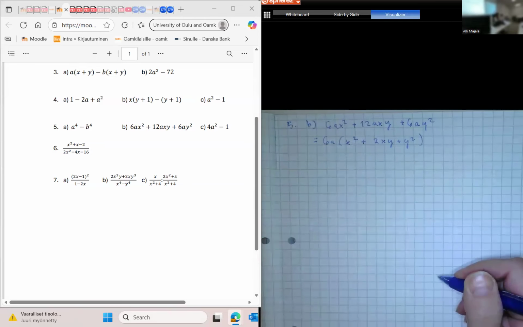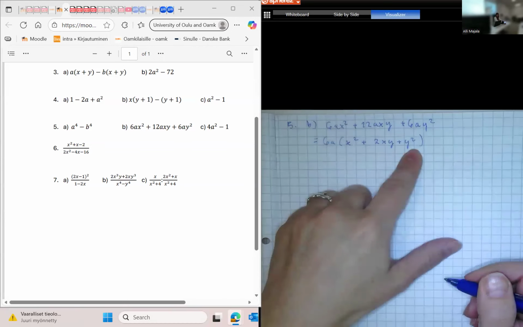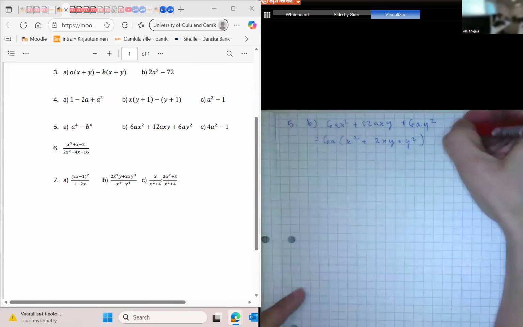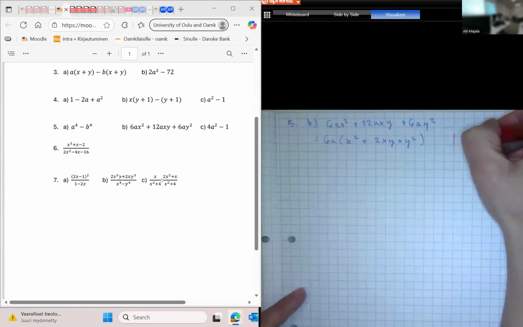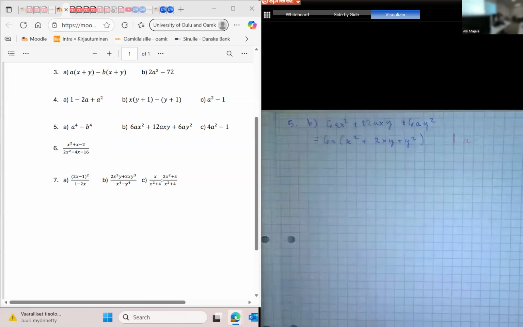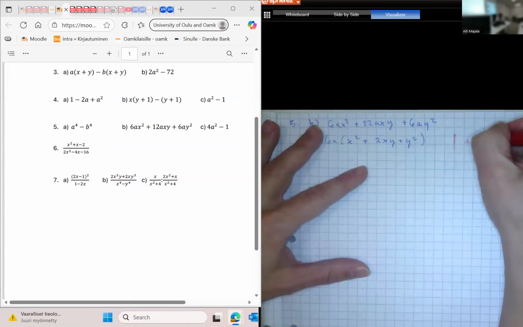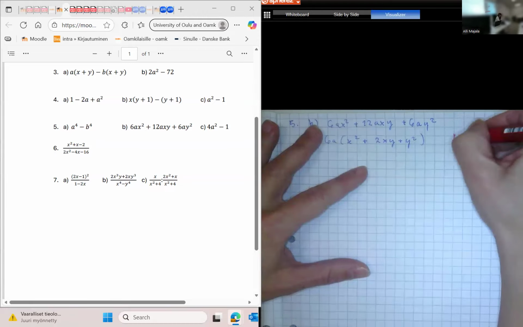Okay. And now this looks the same as the one, a plus, not a, yeah, a plus b. Yeah, of course, a plus b, because that's how it's written in the squared.